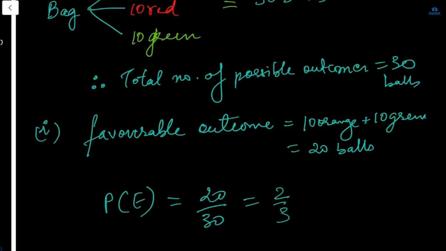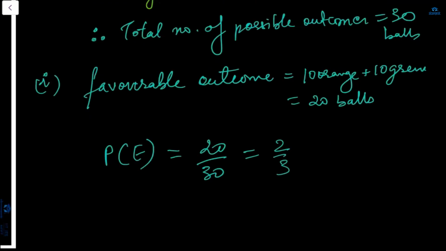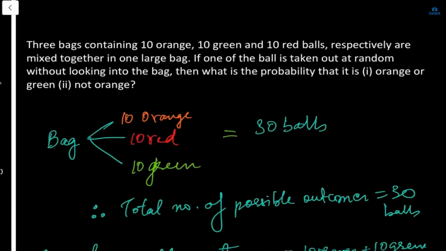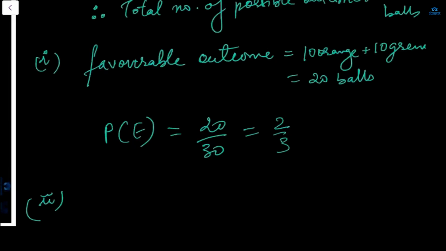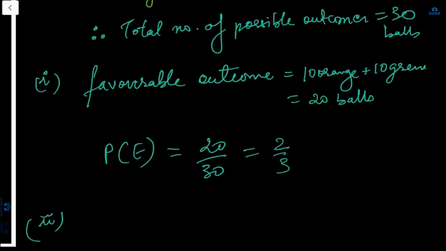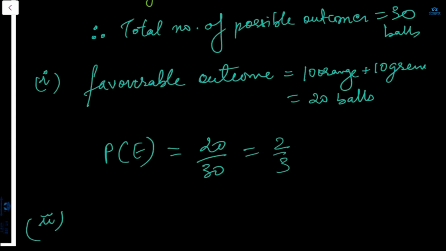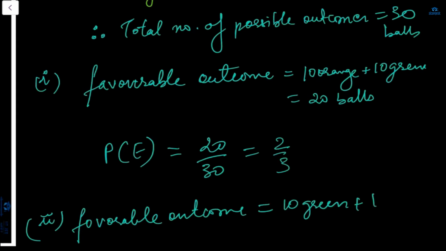Similarly, we can find the probability of getting not orange. Not orange means the ball should not be orange, so it can be a green ball or a red ball. Possible outcomes will be the same, 30 balls, and favorable outcomes will be 10 green plus 10 red, because it should not be orange.